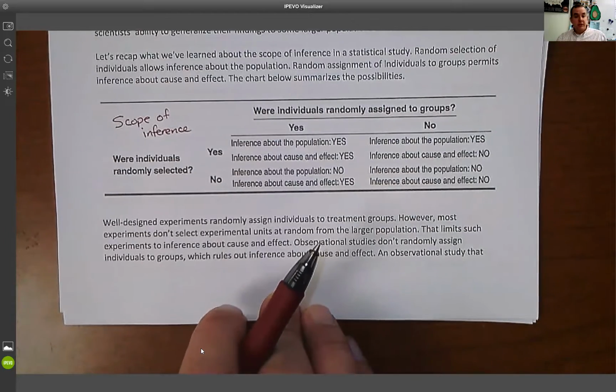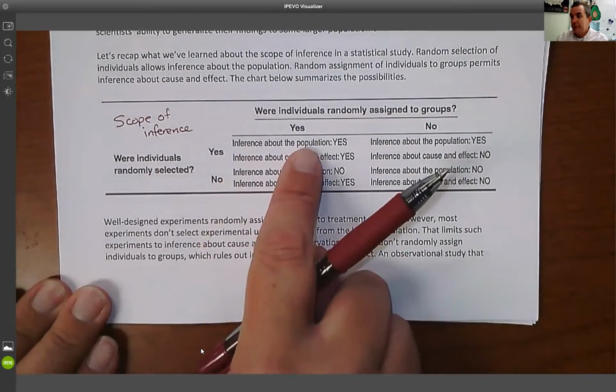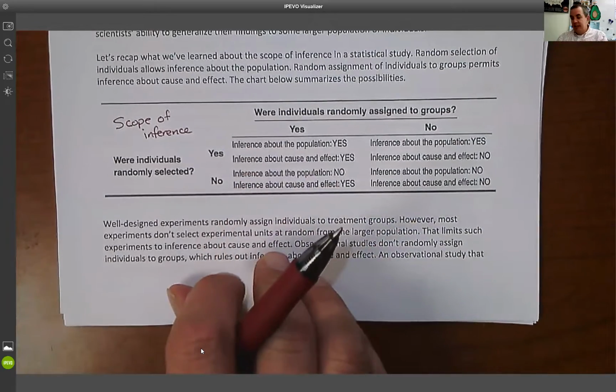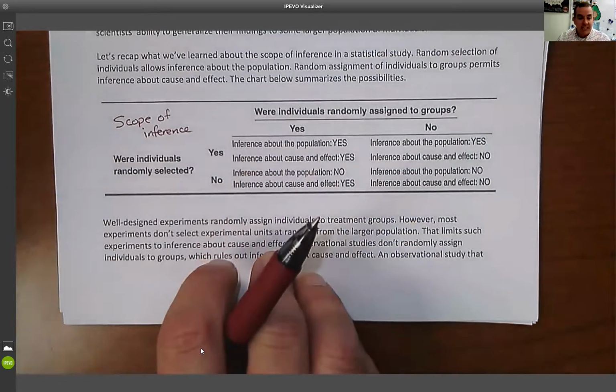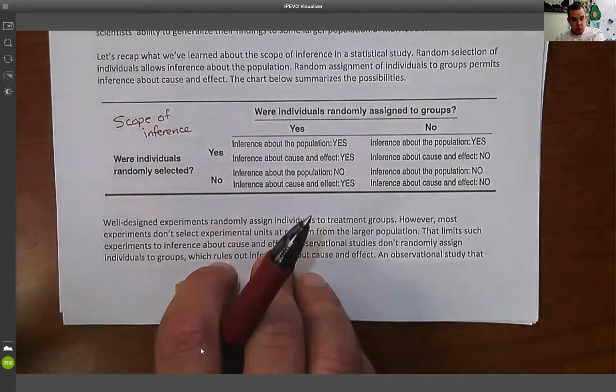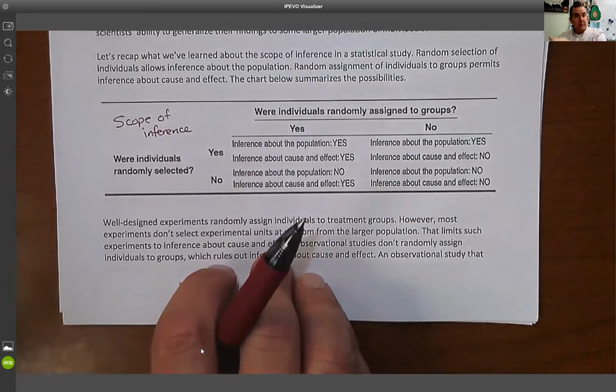So there are 2 types of conclusions you can make. There's inference about the population. There's inference on cause and effect. Easiest way to say it is inference on population. That's basically saying people who are similar to this group had this result. Therefore, people in that group.